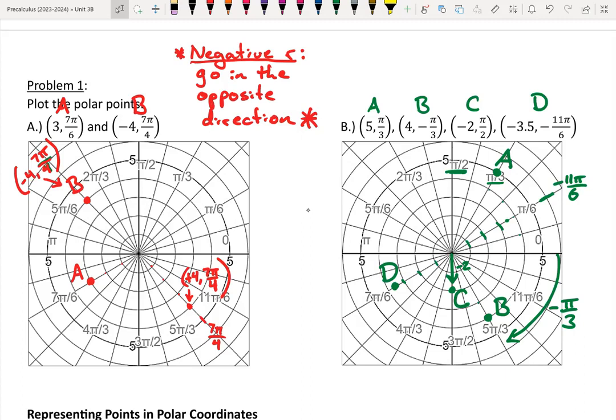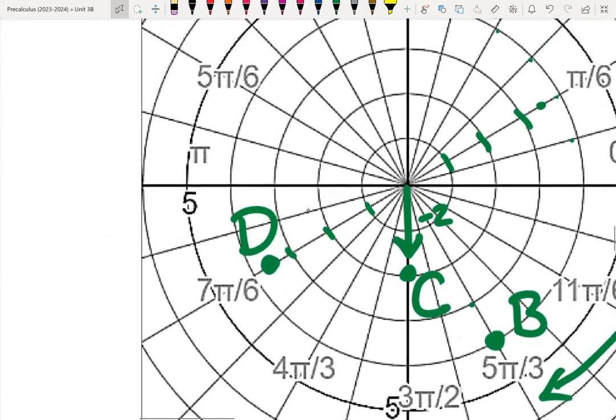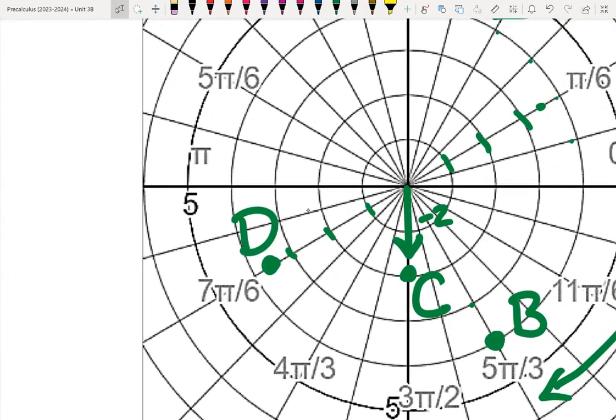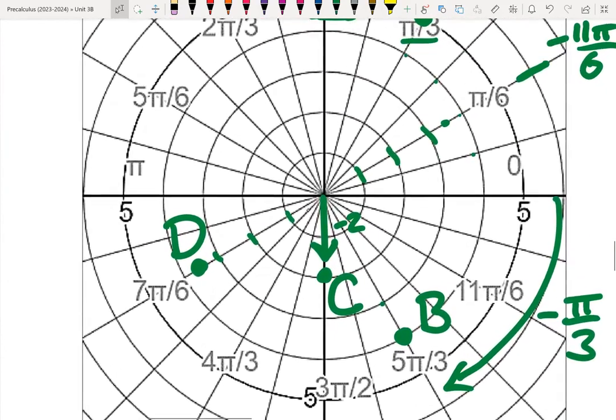Now, hopefully we can see that each of these points can be written in a different way. For example, if we look at point D here, the point was negative 3.5 at negative 11 pi over 6. But what angle did that end up being at? Could I write this with 7 pi over 6 instead of negative 11 pi over 6?